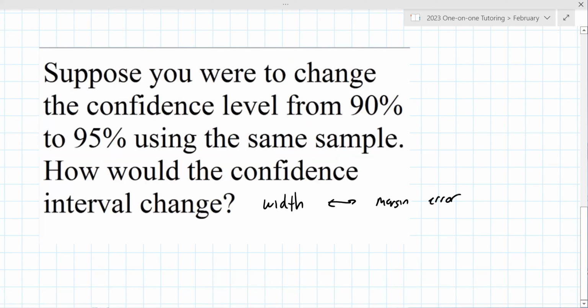Do you remember from yesterday, as the confidence goes up, do you remember what happens to the width? As the confidence goes up, does the width also go up? Yes.